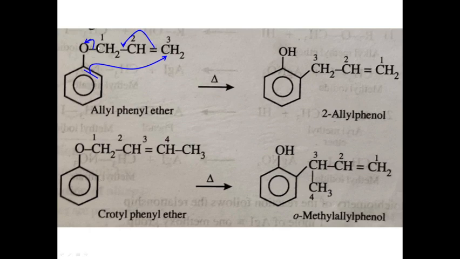So if this group migrates to this phenyl group and this group migrates to this phenyl group, we get a cross product. But if you take these two different allyl phenyl ethers in the same reaction system, we are getting the respective products only.